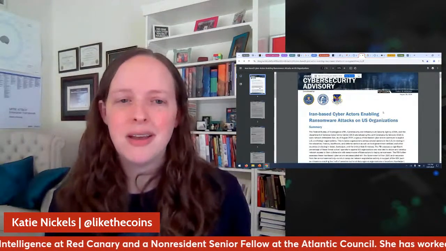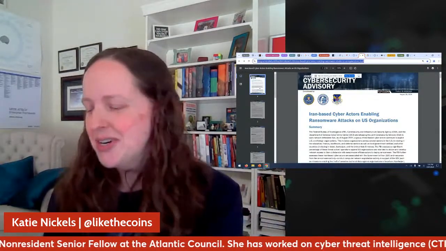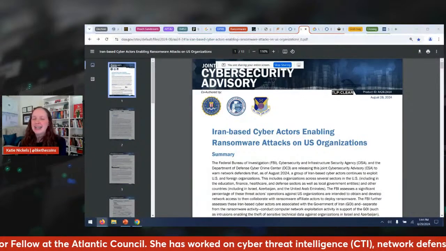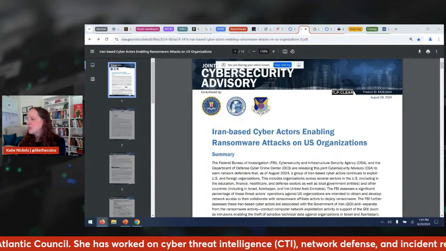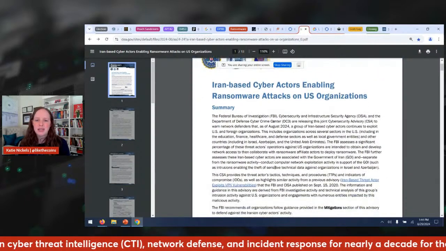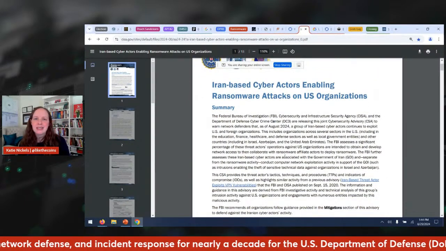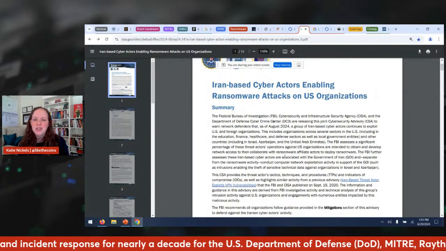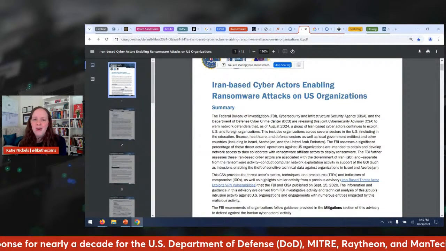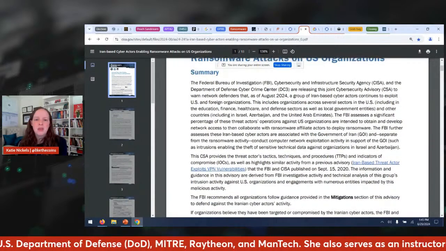On that same thread, this one came out literally yesterday: Iranian-based actors enabling ransomware on US organizations. So just another example of this blended threat. It's not as easy as saying, okay, you're state-sponsored, so you care about espionage. No, we have to think about how actors might have multiple motivations at the same time.